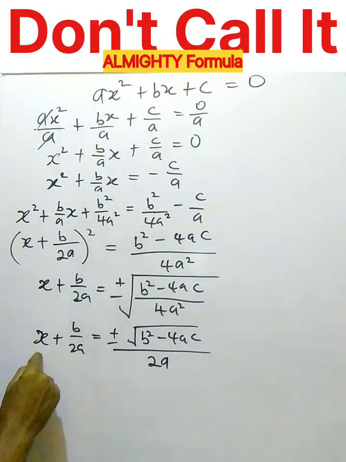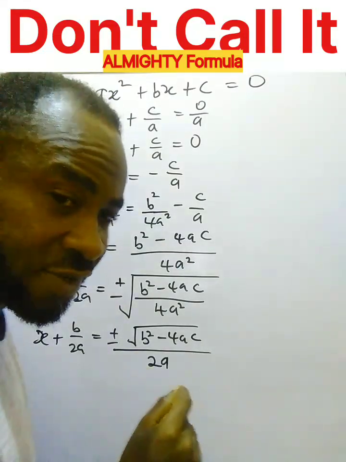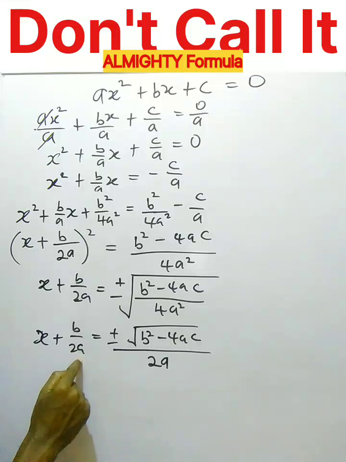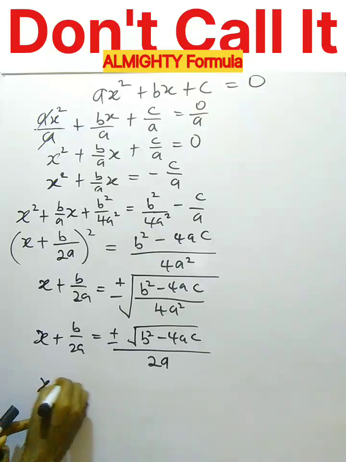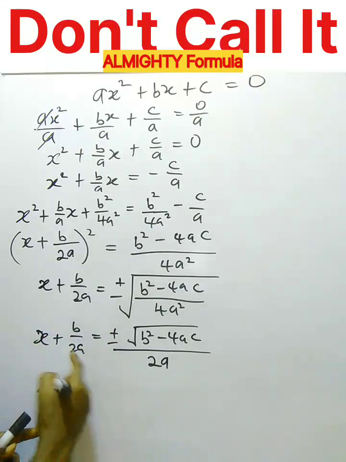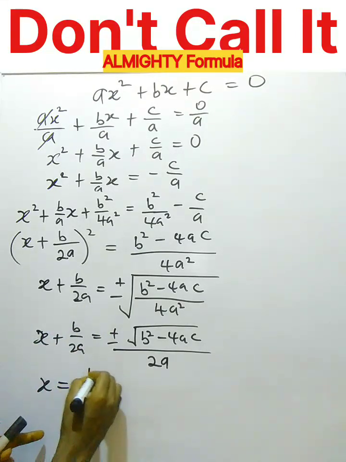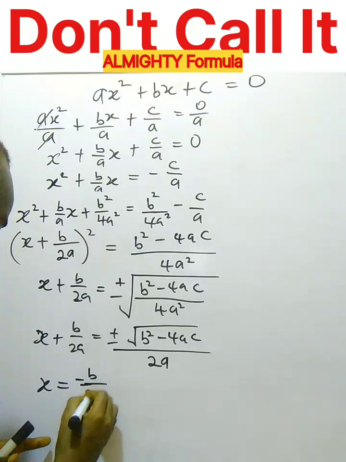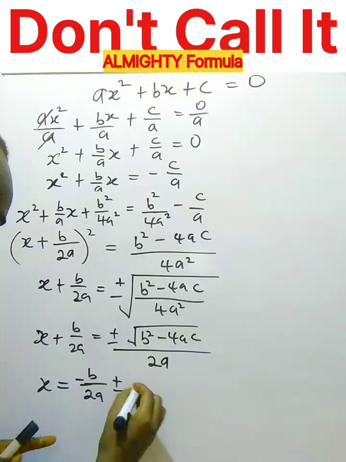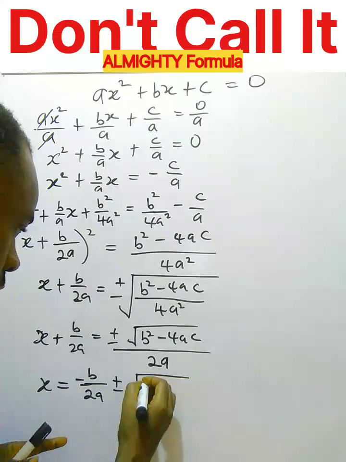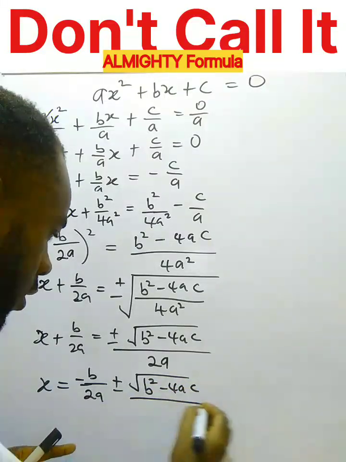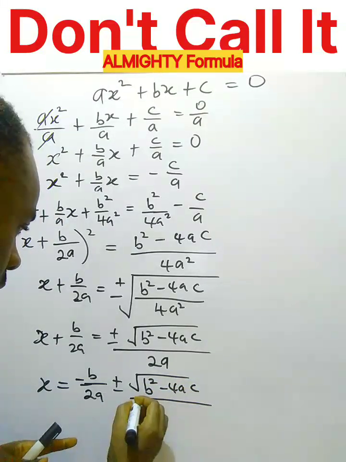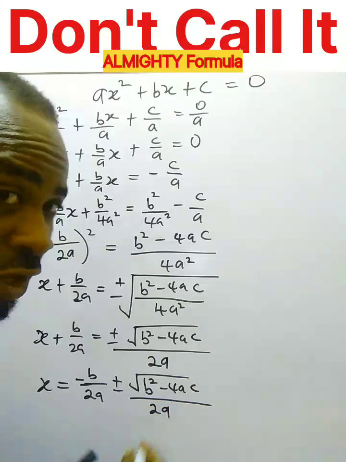Okay, now next, remember we want to get the value of x. So I'm going to move this b over 2a to the other side. So I'm going to have that x is equal to, if I bring this b over 2a here, it becomes minus b over 2a plus or minus square root of b squared minus 4ac all over 2a.